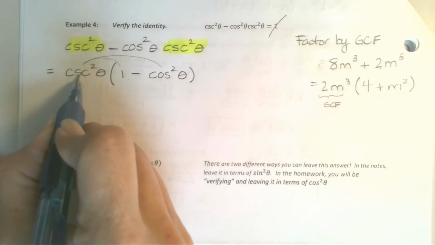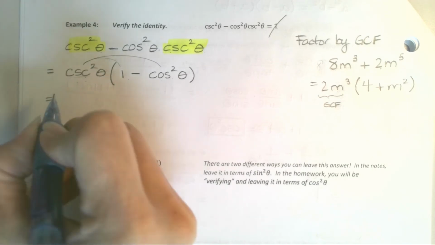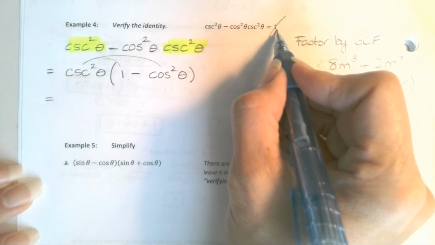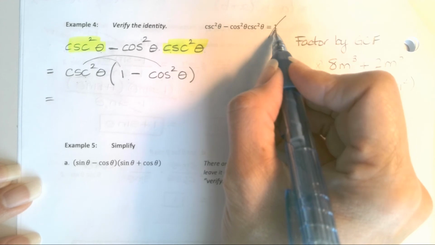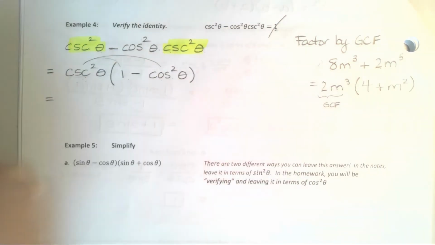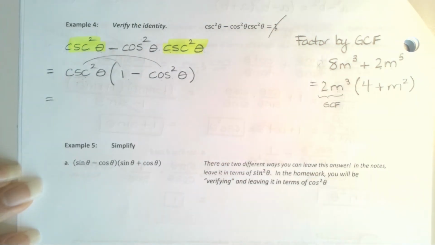How do I break this down? Remember, our goal is a 1. That means everything's going to cancel out. That's what that means. How do I write cosecant squared? You can do it.